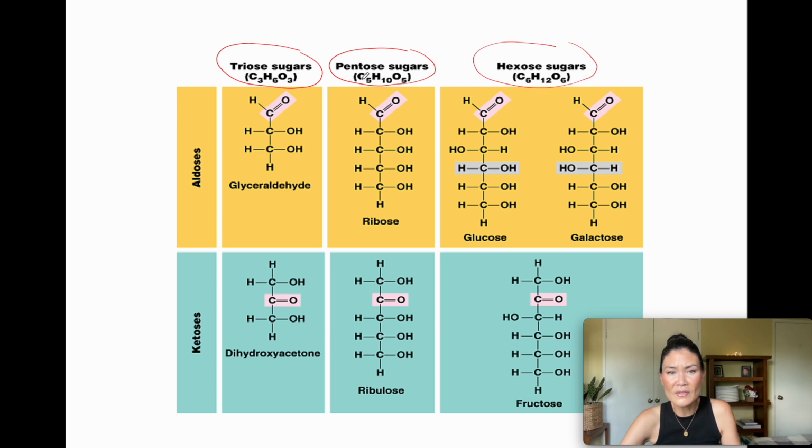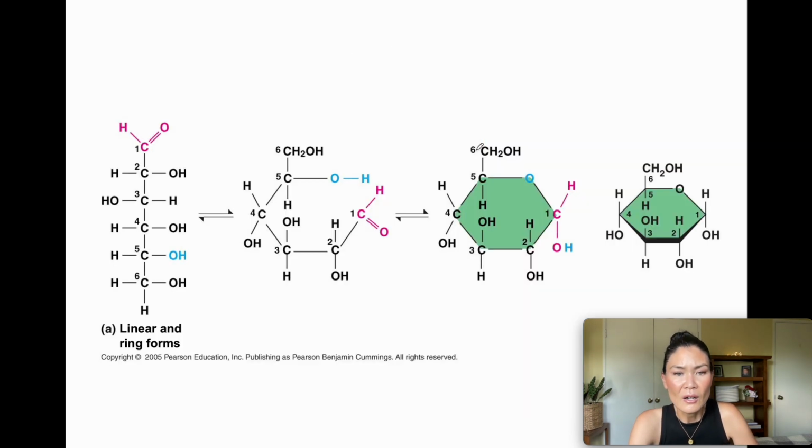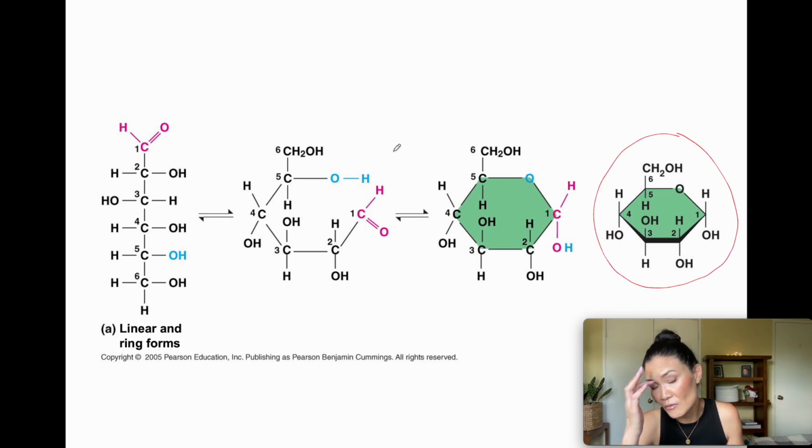If n is 5, it's going to be C5H10O5. As I was saying, you're going to find sugars in a ring format in nature. They are not commonly found in this straight chain format. This is just showing you how it folds into a ring. It's more stable as a ring structure.